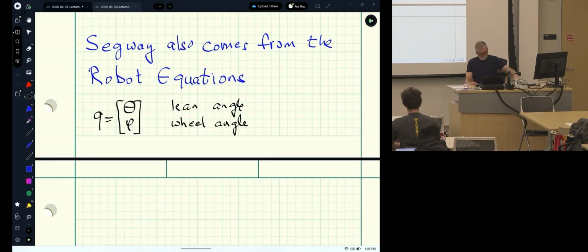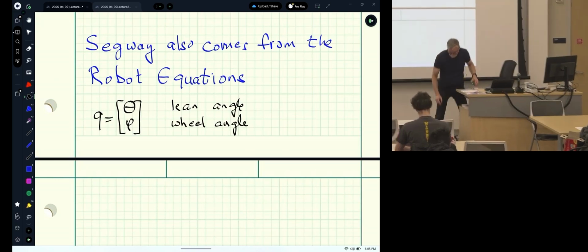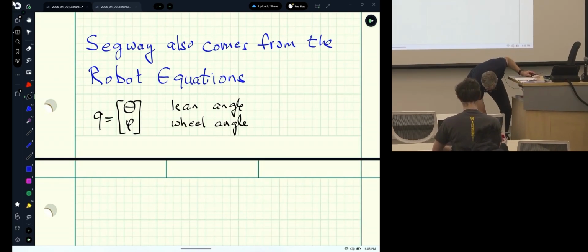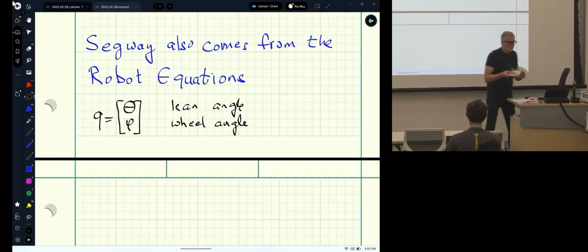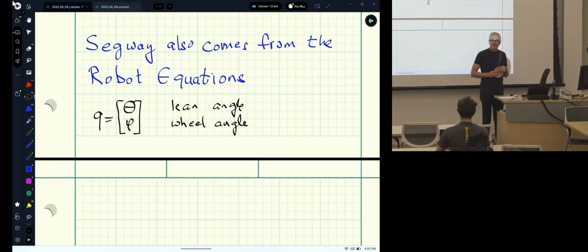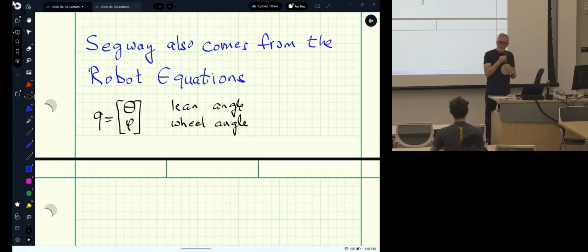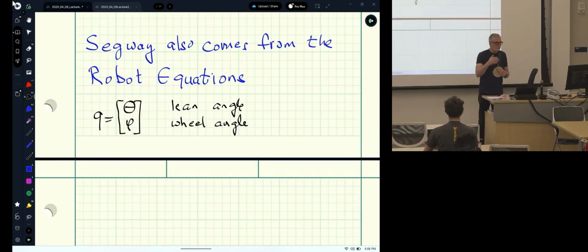Okay, so this is a Segway. See the platform where you stand? You got to shrink a little bit, okay? So this is measured by an IMU that's on the Segway. The same for the ball bot in Rob 311. There's an IMU right here.